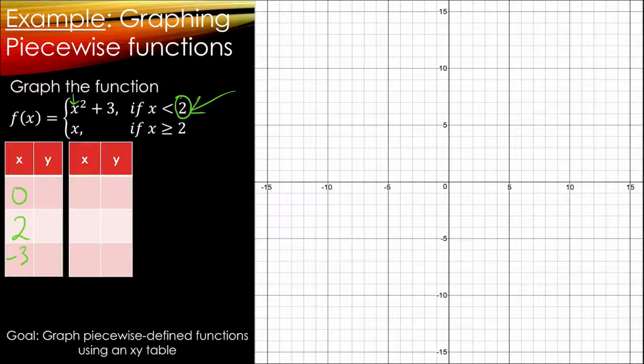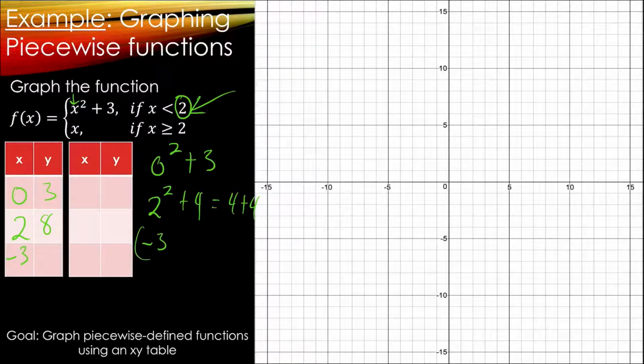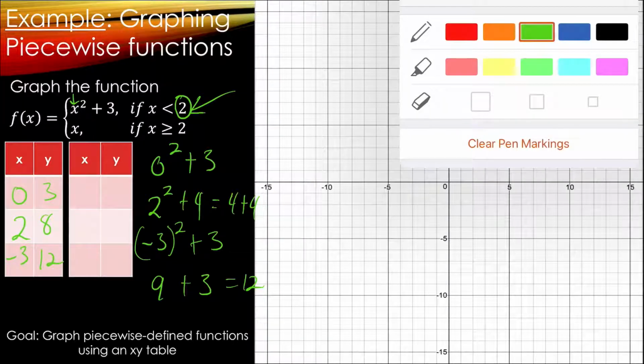So we're going to plug all these numbers in. 0 squared plus 3 is just 3, right? 0 squared, 0. 2 squared plus 3 gives me, 2 squared is 4, plus 4, that gives me 8. And then negative 3 squared plus 3. Negative 3 squared is 9, plus 3 is 12. Alright, so I have those points.